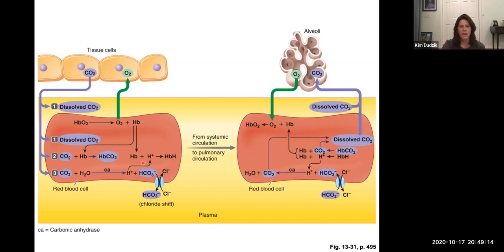It releases a hydrogen, and that hydrogen can bind to hemoglobin, which will carry it. Then this HCO3 negative, because it released the hydrogen and left its electron behind, is negative. That's now called a bicarbonate ion, and through facilitated diffusion, it diffuses out of the red blood cell into the plasma.